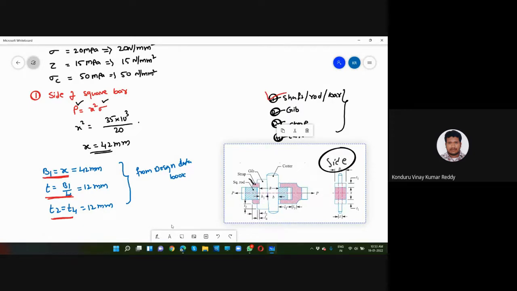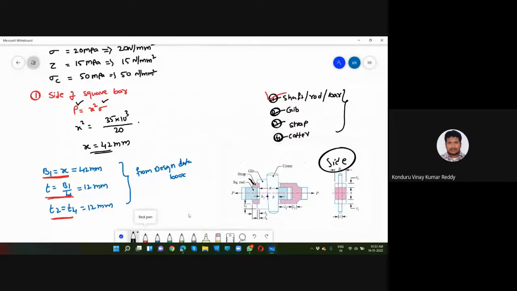t2 is equal to t4 is equal to t. If you want, you can see what the variables are from the figure. t is over here and b1 is over here. As this is x, thereby this will also be x. Similarly, t2 is over here, and t4 you can find somewhere over here.